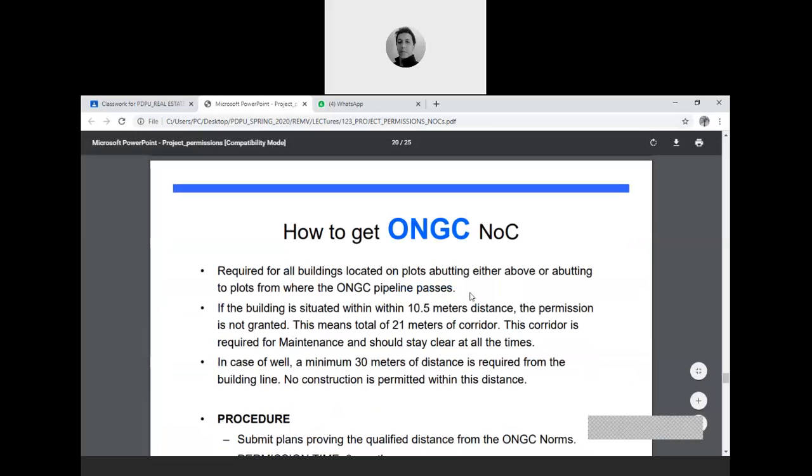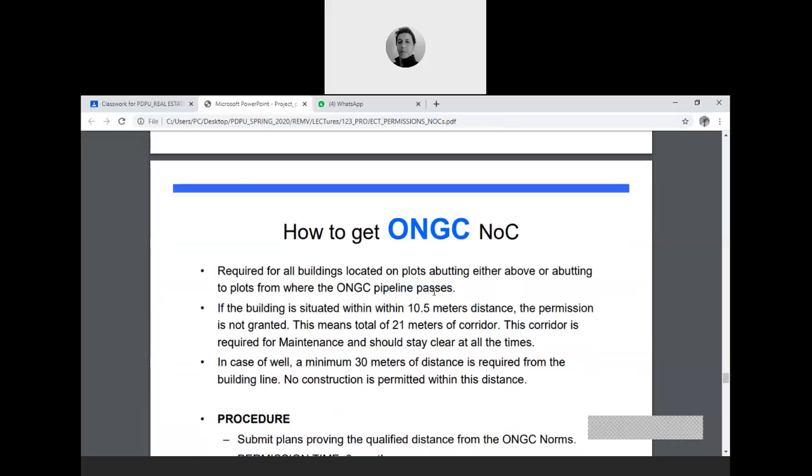So many times you have to keep track of where the ONGC pipes are passing. ONGC stands for Oil and Natural Gas Corporation, and these are oil supply pipes. And if your building is situated within 0.5 meter distance, the permission is not granted. This means that a total of 21 meters of corridor is required.